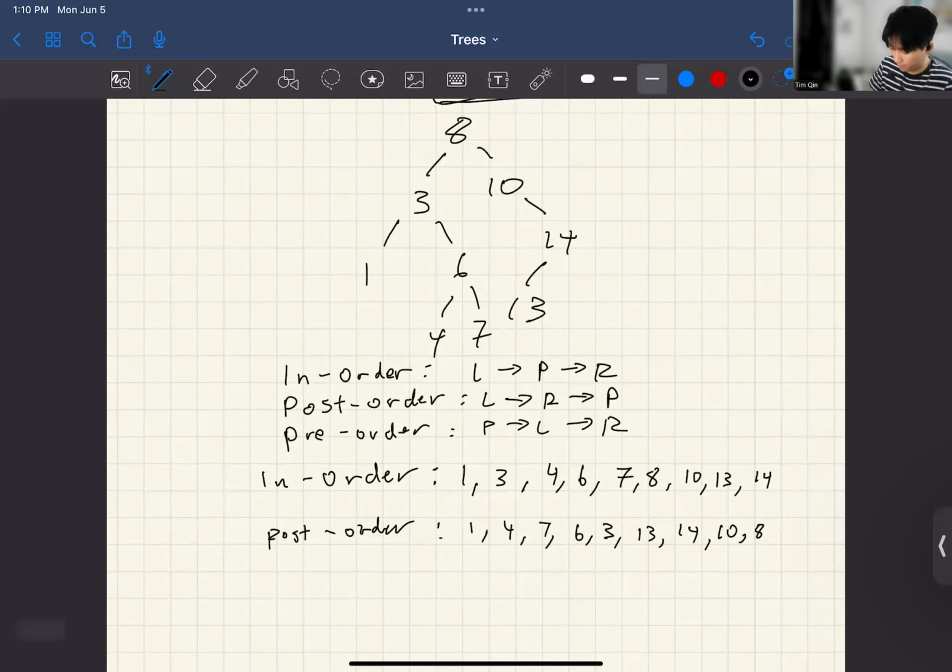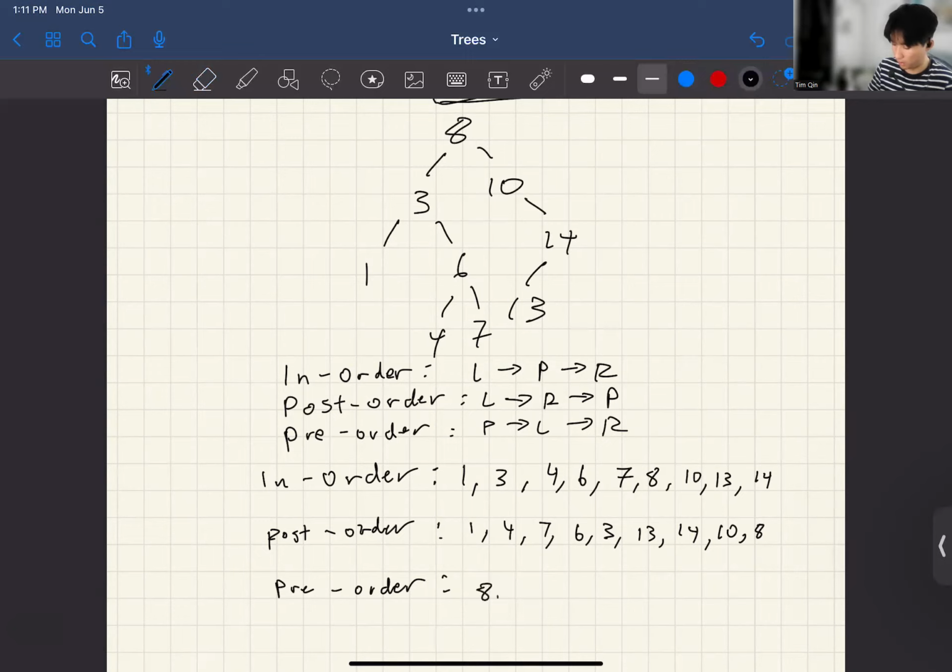Then for pre-order, we go parent node, left node, and right. So starting from the very first parent node, which is the root, we go 8, then to the very left. Oh, excuse me for that.